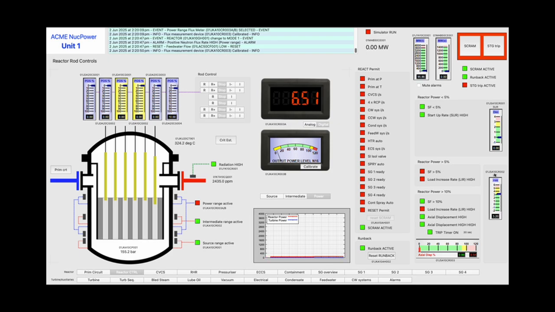Reactor is now in mode 1, power operation. From this point we will no longer use the startup rate gauge for ensuring a safe increase of reactivity.